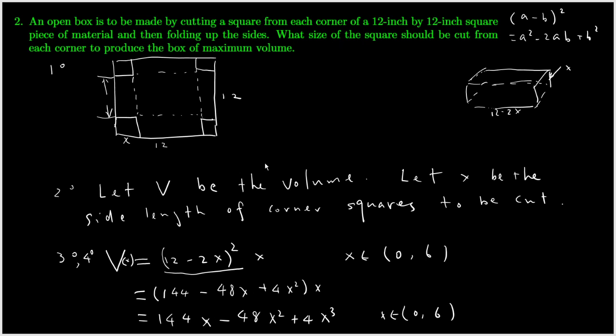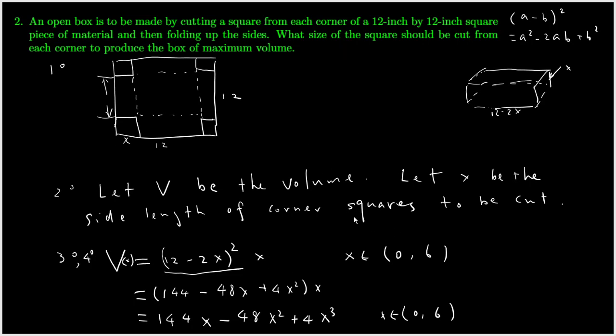To summarize a little bit. In step 1, you draw a sketch. In step 2, you introduce the variables. Okay. Identify the quantity which you are given. Identify the quantity which you are maximizing or minimizing. Okay. And then you identify what other quantity that quantity depends on. Eventually, you write V as a function of only one other variable.